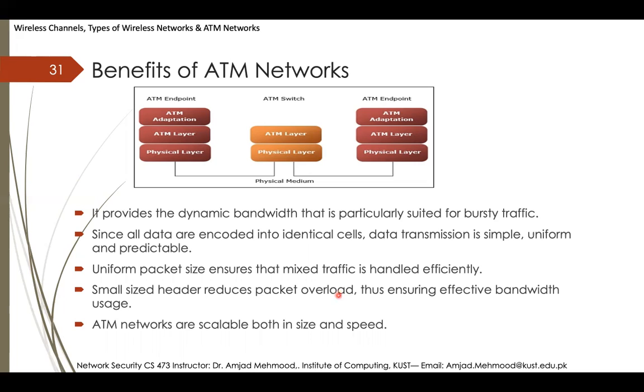packets. The header size is minimized in ATM, and because of this the header is reduced. So the extra burden on your network is reduced, thus ensuring effective bandwidth usage.